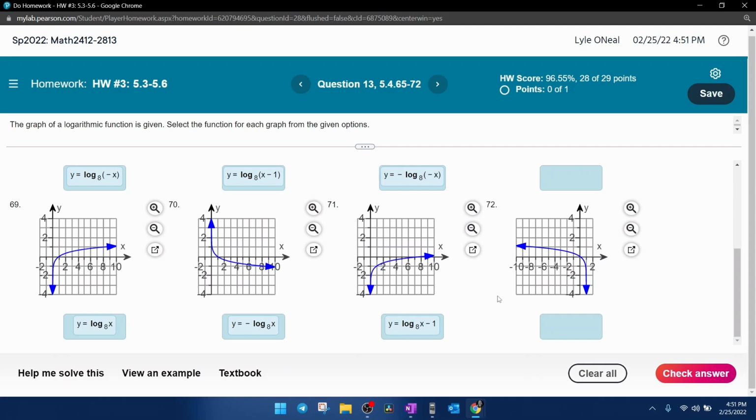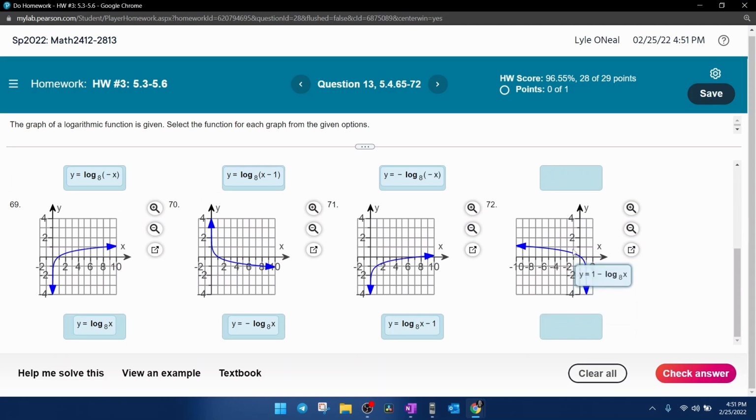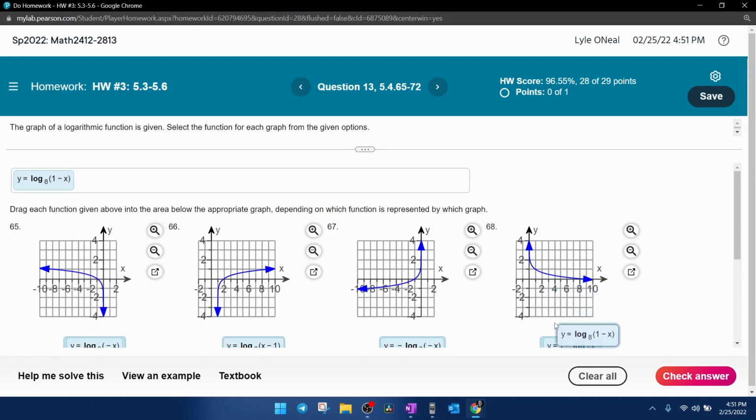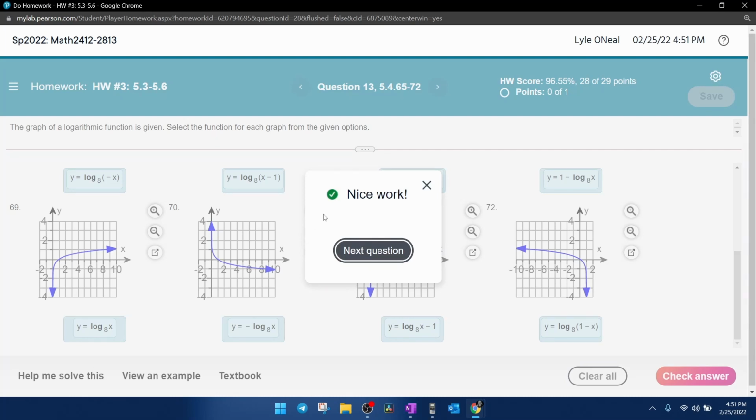And we've only got 2 choices now, and this number 72 doesn't even curve down to the right like it should. So that means that this equation with the vertical flip goes here, drag and drop, and by process of elimination, this one has to go with number 72. And that's kind of the way you do that.